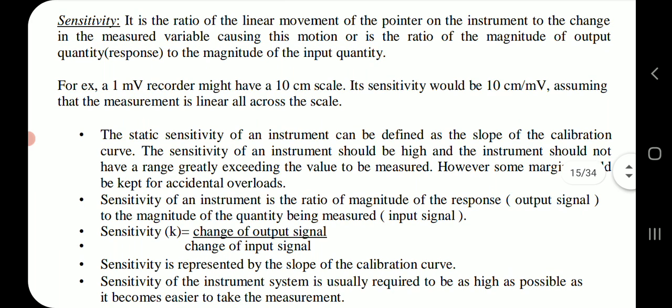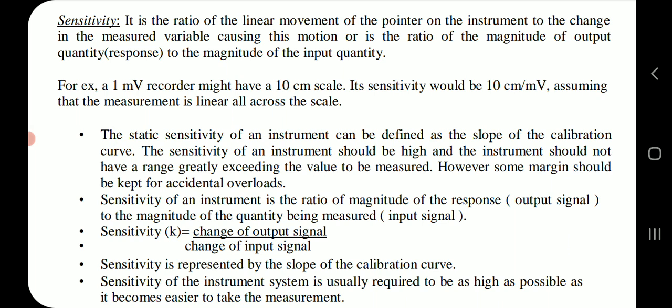Sensitivity. It is the ratio of the linear movement of the pointer on the instrument to the change in the measured variable causing this motion, or the ratio of the magnitude of the output quantity response to the magnitude of the input quantity.